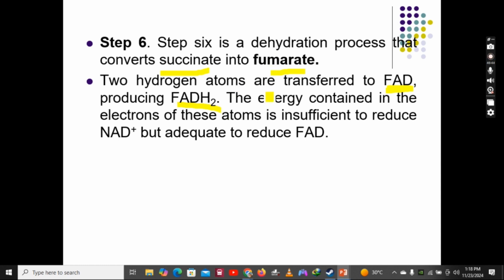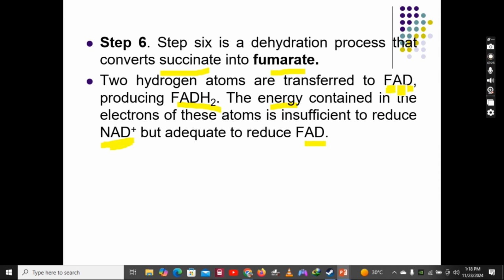What we are saying here is that the energy contained in the electrons transferred to FAD to produce FADH2 is insufficient. The energy cannot reduce the NAD. The energy available here, which reduces FAD to FADH2, is insufficient to reduce NAD to NADH, but adequate to reduce FAD to FADH2.